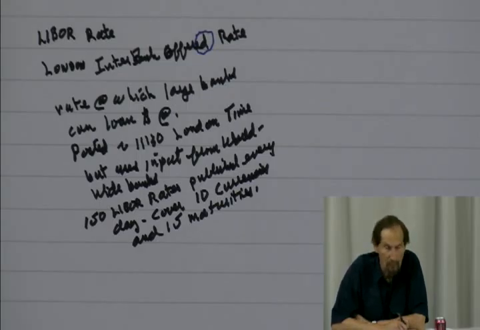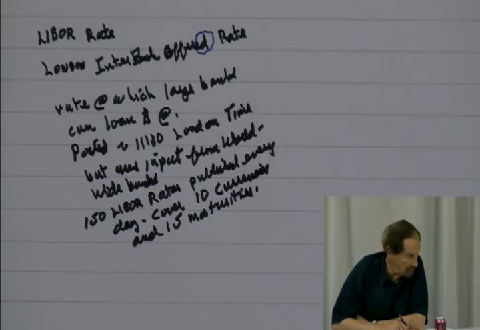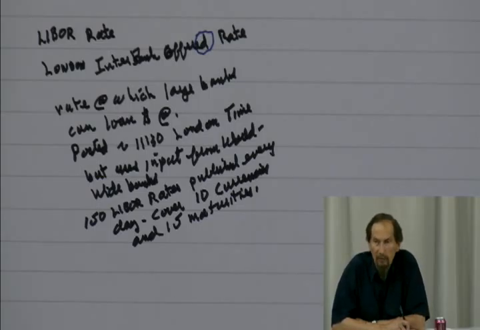Now, this LIBOR rate is really important because trillions of dollars are related to it. In fact, U.S. mortgage rates, student loan rates, credit card rates, all kinds of rates are tied to the LIBOR rate.